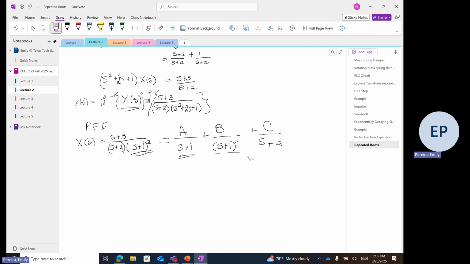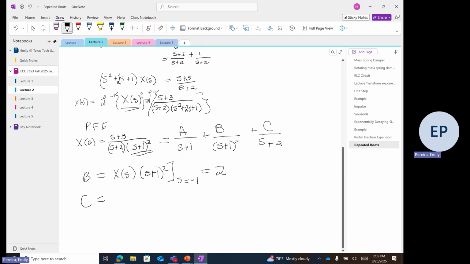because of this repeated root. Okay, so the highest order terms, B and C, can be found with this same formula we had before, this residual formula where we took X of s, multiplied it by our denominator at that term, and then plugged in for s equal to -1. So I'm not going to go through all of the math here, but it turns out that this is going to be equal to 2.